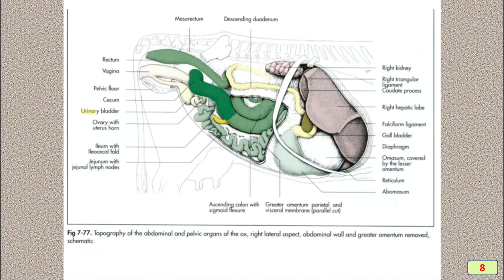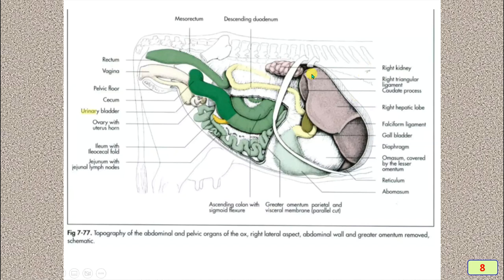And of course, this is the ox kidney and also the pelvic organs with the right lateral aspect, abdominal wall, and the greater omentum removed here, and we can see the different structures adjacent to the kidneys, and at the same time the organs of the pelvic cavity.